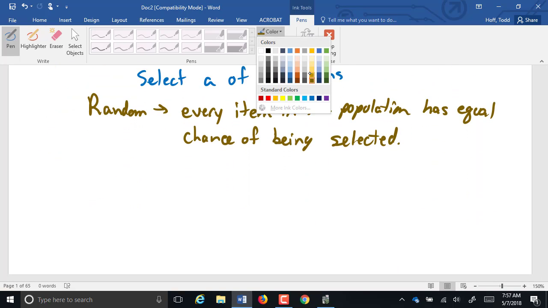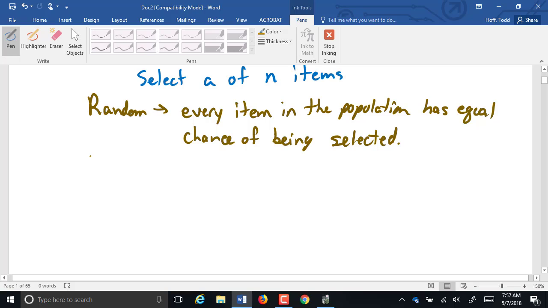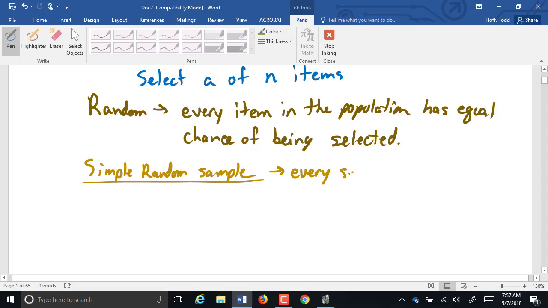Now, there's something a little bit stronger than random sampling, and it's called a simple random sample. A simple random sample means every sample of size n has equal chance of being selected.